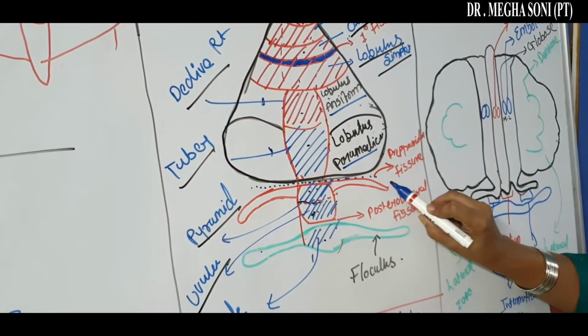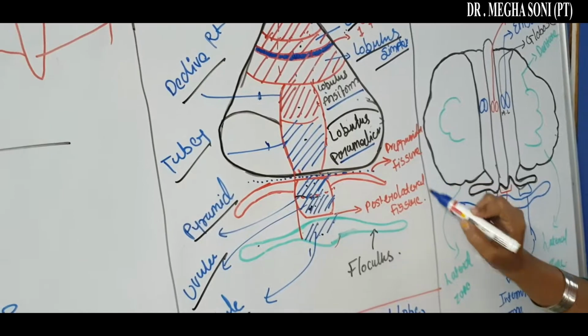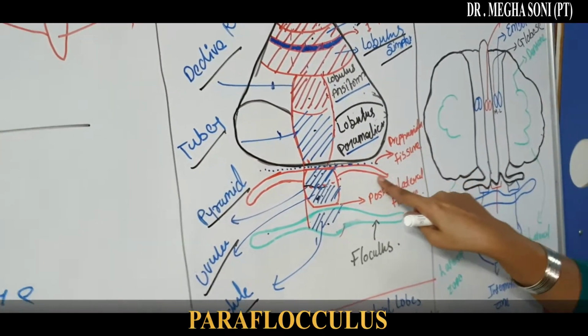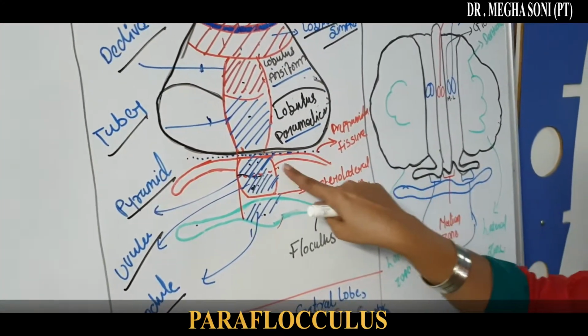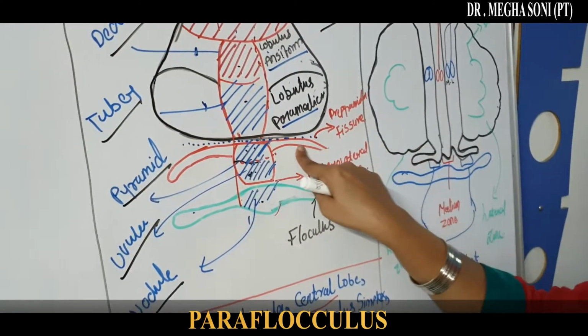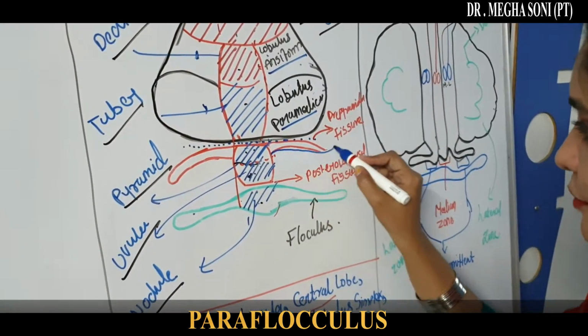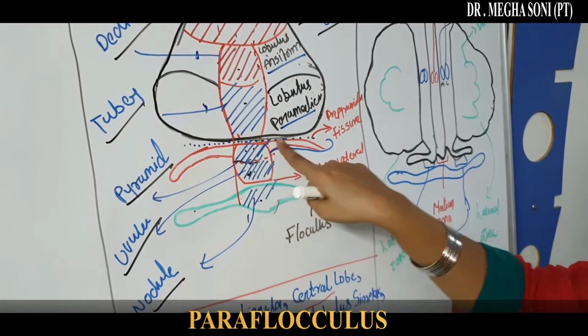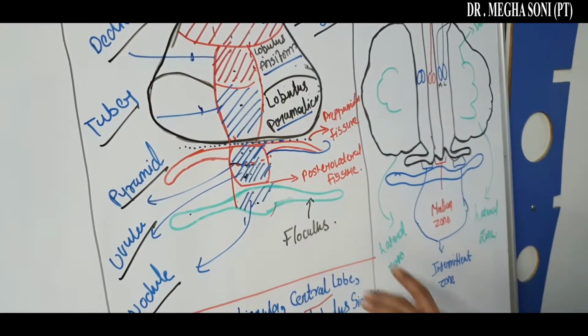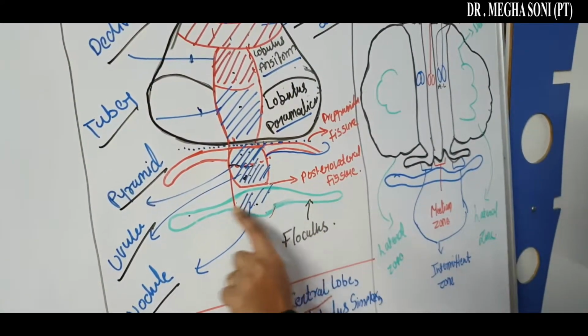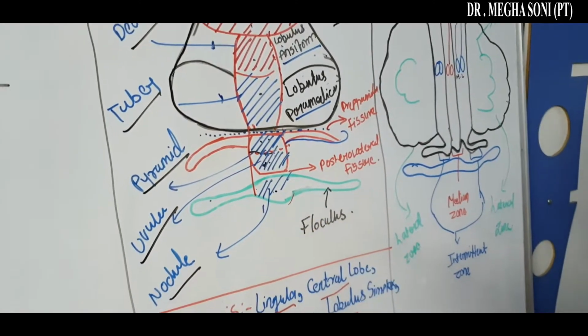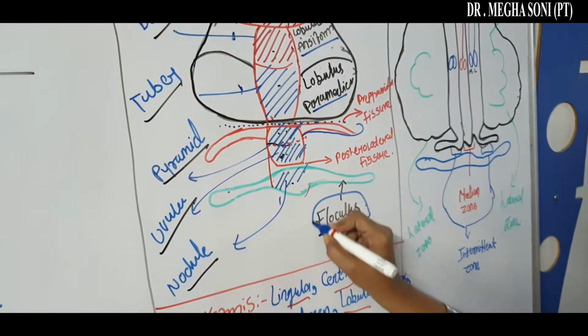The name of this extended portion is pre-paramedian. Fine, this is the pre-paramedian portion. The extended portion from the pyramid is called pre-paramedian, and the extended portion from the nodule is called flocculus.